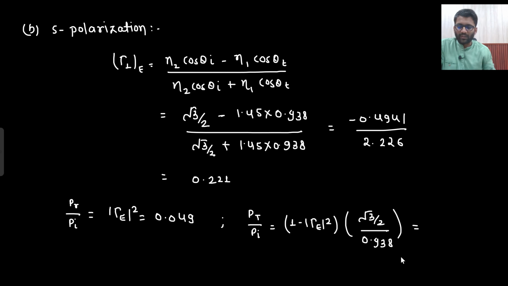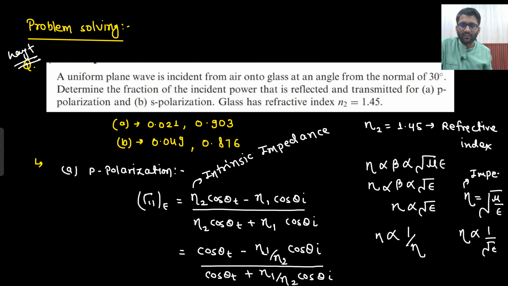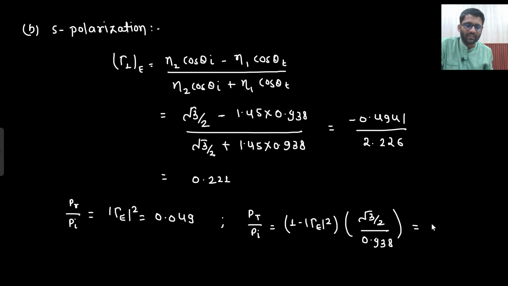Let's see what we are getting: 1 minus 0.049, into 0.866 divided by 0.938. We are getting 0.876. So these are the correct answers.